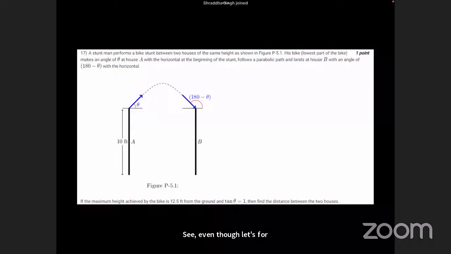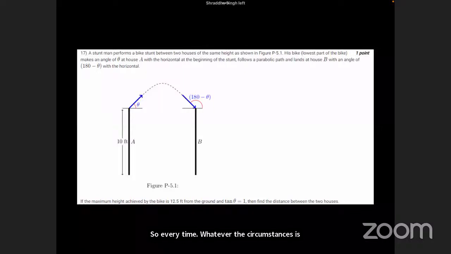For example, this B is very far from this A, and the stuntman has started from here with maybe 45 degrees only. So whatever the circumstances are, your distance will always be constant, right? From A to B, it will always be the same, correct or not?